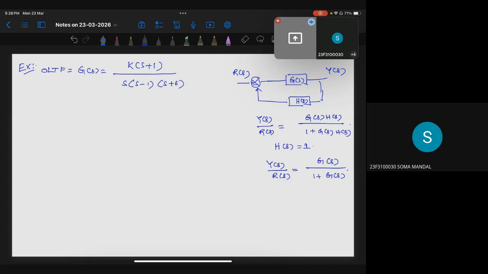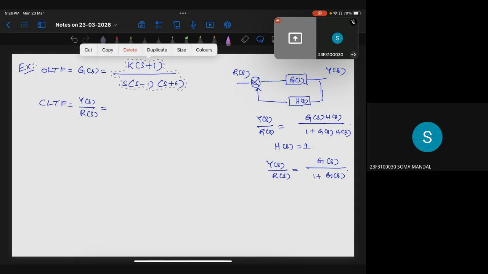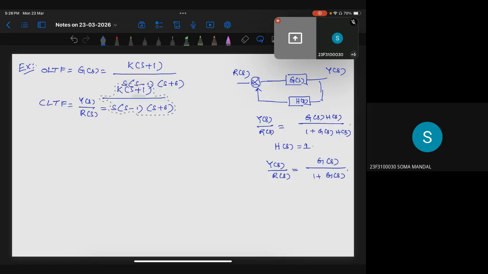Correct? What is my closed loop transfer function? This one, Y of s by R of s. What is it basically? That is nothing but this expression, correct?